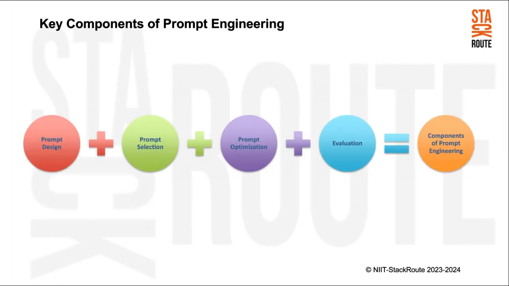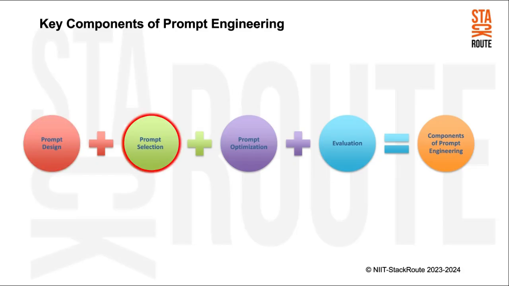So here you can see there are several key components involved in prompt engineering. Let us start with the first one, which is prompt design. This involves crafting prompts that are clear, concise, and relevant to the desired output. So the prompt should be specific enough to elicit the desired response while also allowing for some degree of flexibility and creativity in the output.